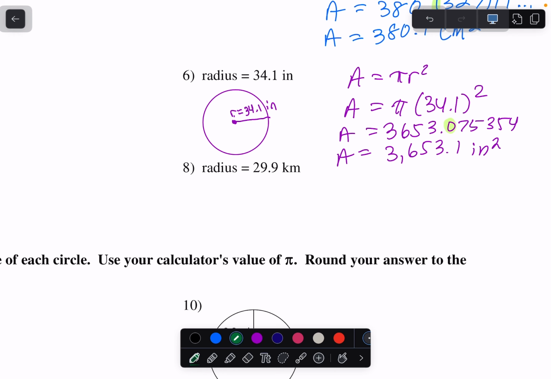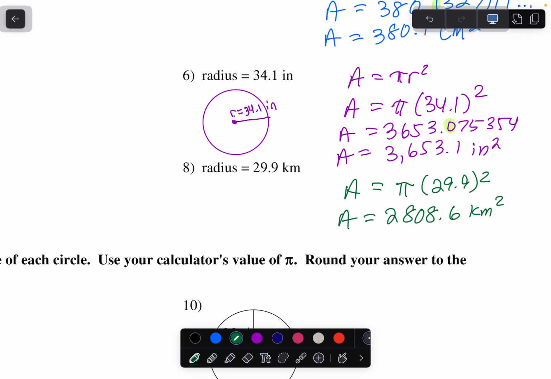Okay, so most of you had tried 8. Let's just go over that real quick. Your area would be pi times 29.9 squared. And if you do that, you should have got 2,808.6, in this case, square kilometers.